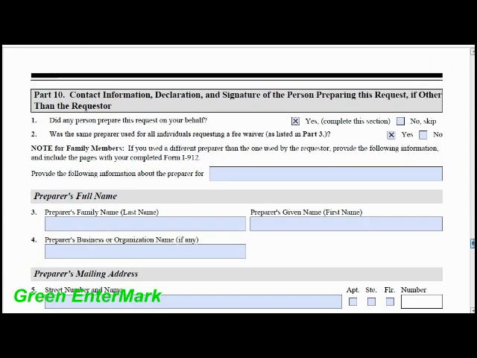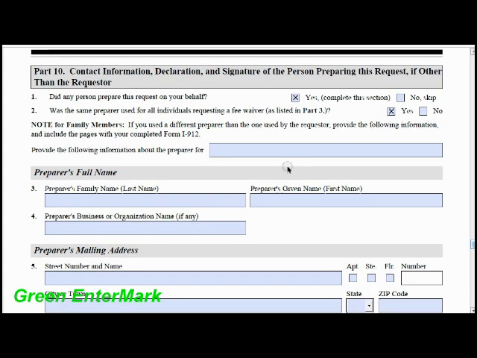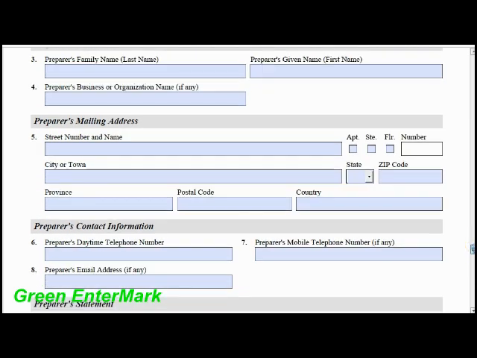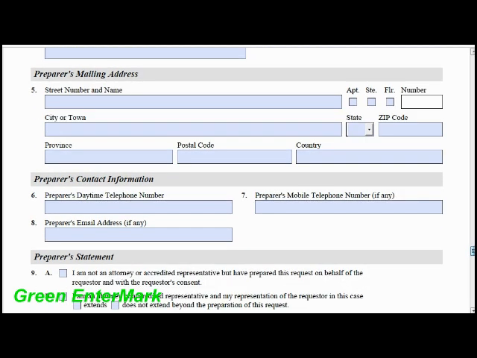Now part 10, for the preparer. If you know English but cannot prepare or fill out the form and you are getting another person to fill it out, you have to mention in part 10 his name, last and first name, the mailing address and the contact information.